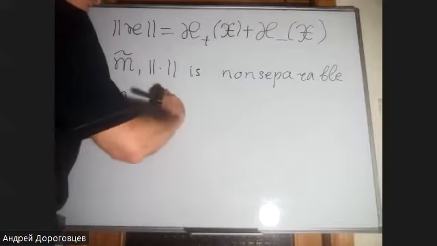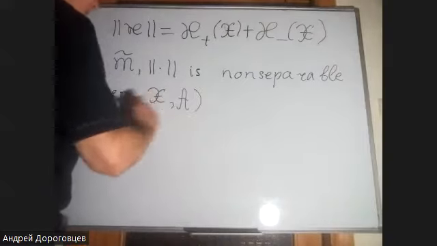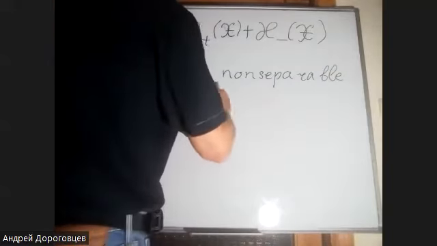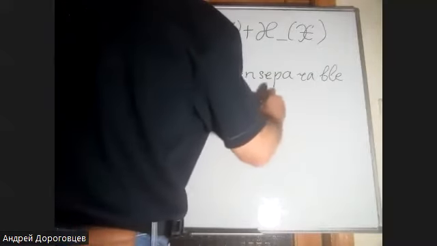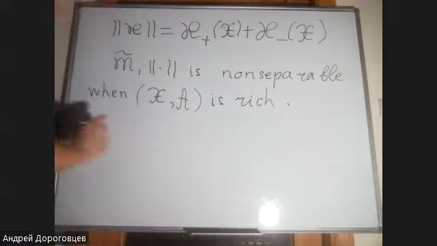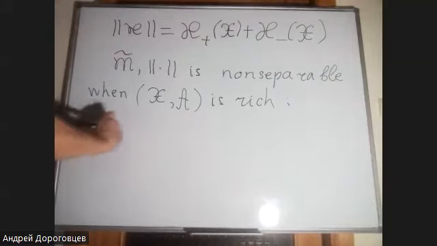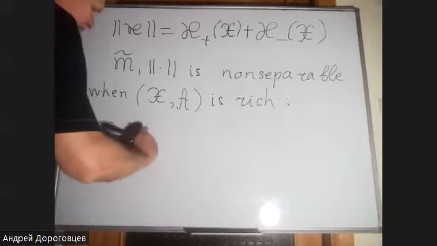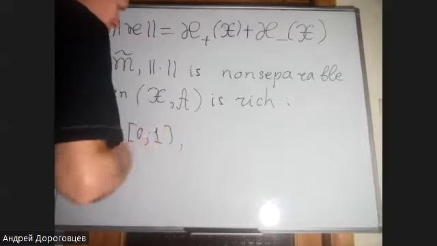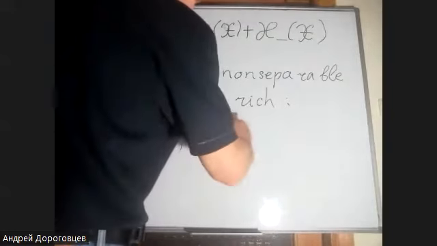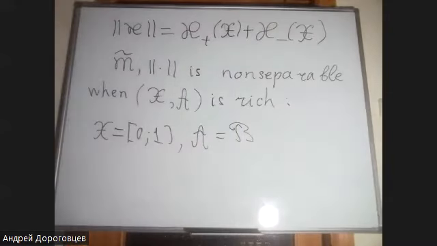when (X, A) is rich. What do I mean by rich? For example, if we consider X equal to [0, 1], and A is the usual Borel sigma-field, in this case we already have a non-separable Banach space.